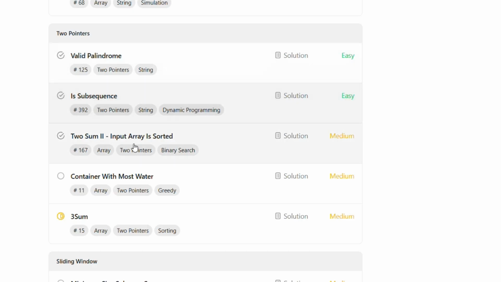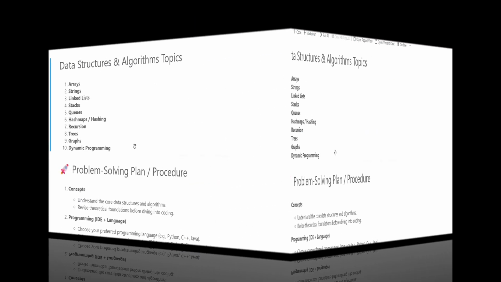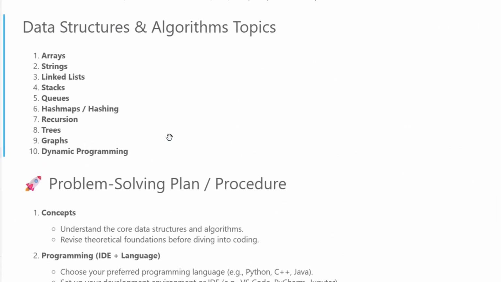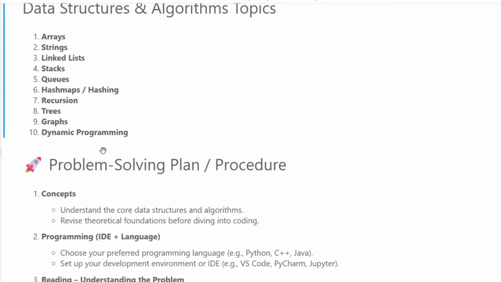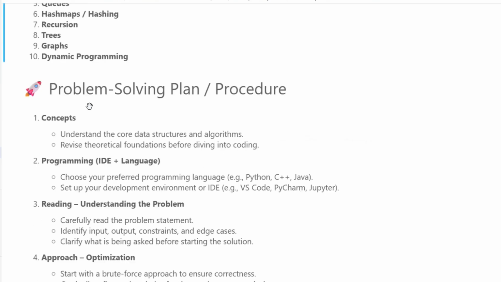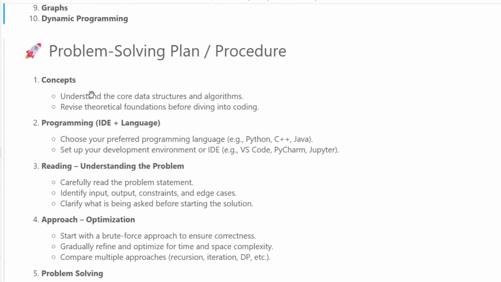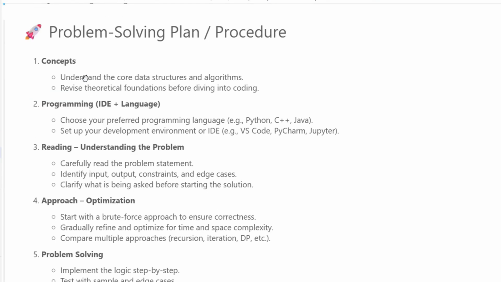Before entering into the video, as everybody knows, this is the DSA syllabus: array, strings, linked list, stacks, queues, hash map and hashing, recursion, trees, graphs and dynamic programming. In order to solve these problems, here is the strategy I followed. Step 1, understanding the concept.